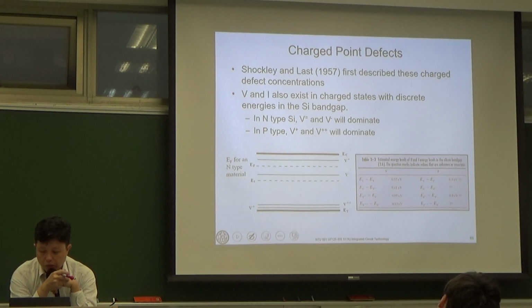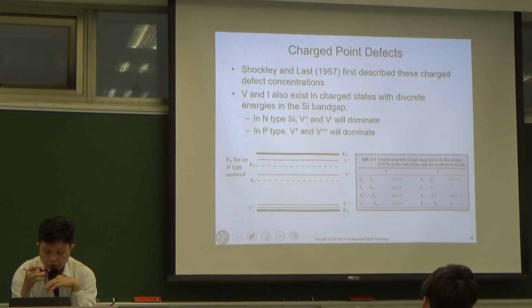They describe this charged defect concentration, because when you have defects, that will create additional states in your material between your conduction band and valence band. Originally, we call it the forbidden region, the forbidden gap, where you don't find any states in this band gap.